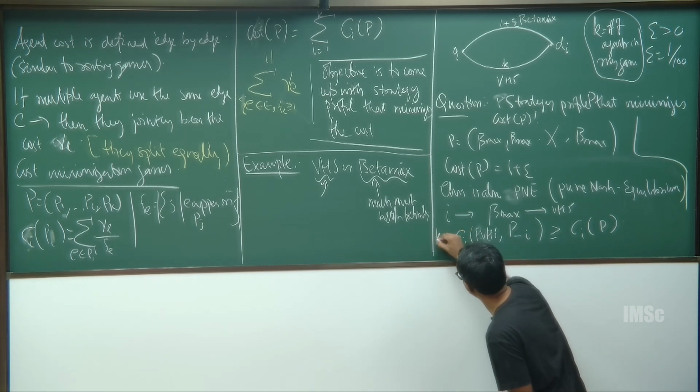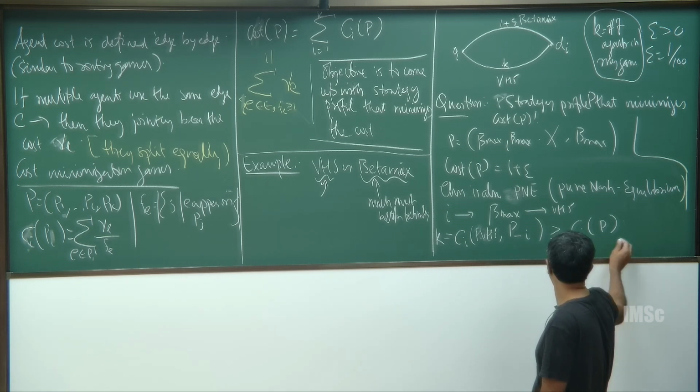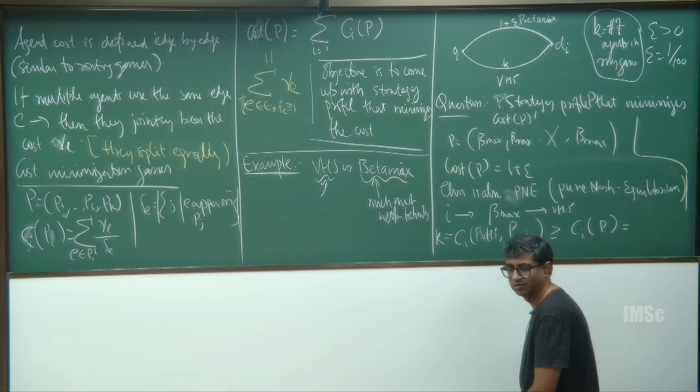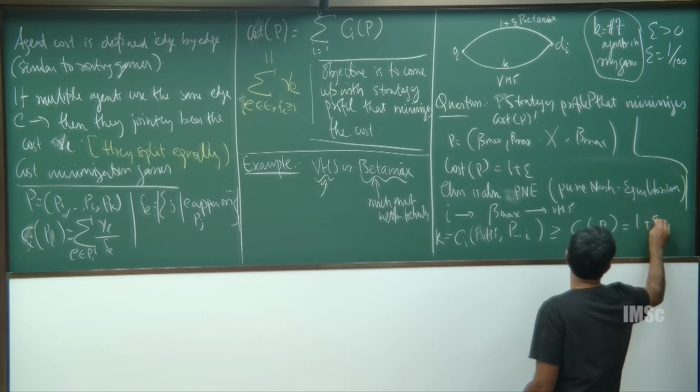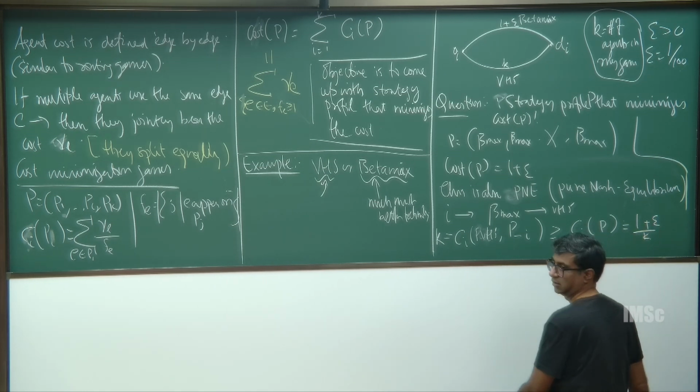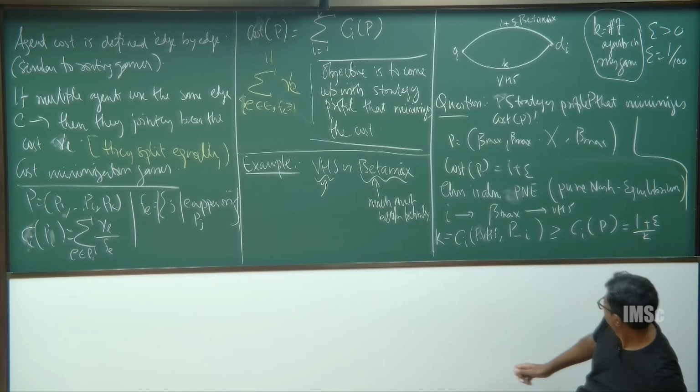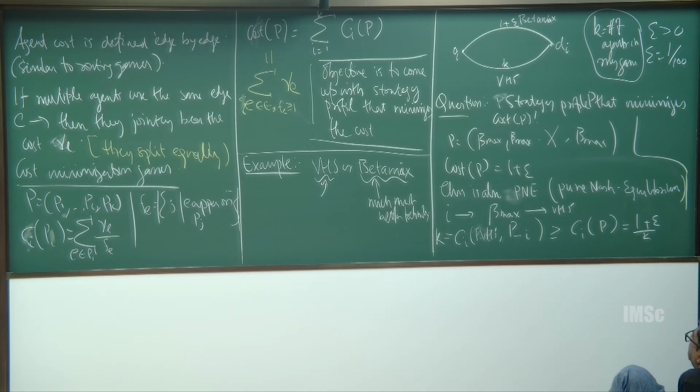This is K, and how much was he paying here? It was paying this. So, this is why this is a pure Nash equilibrium, because if anybody deviates from this strategy, his personal cost is much higher.